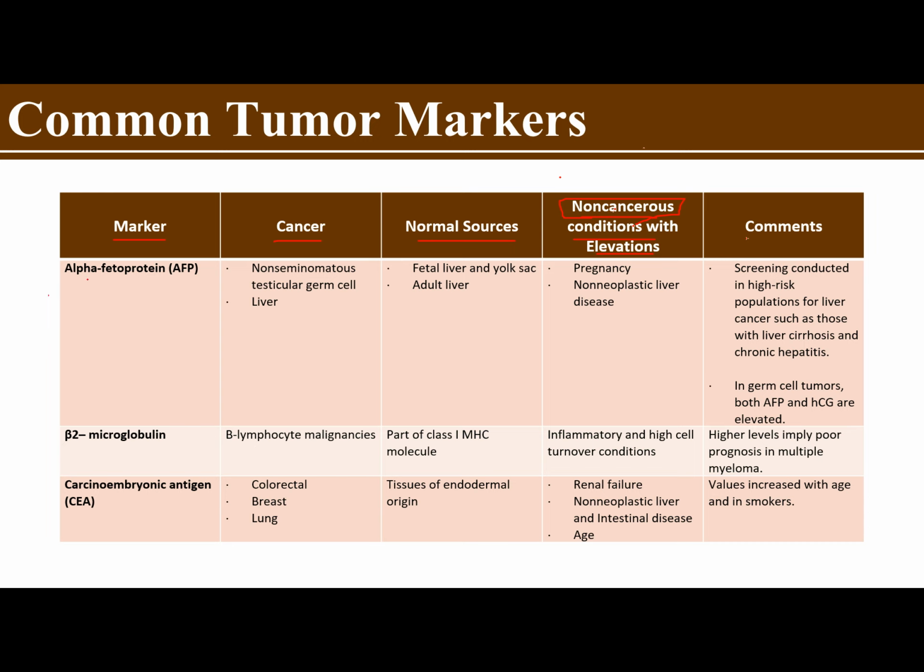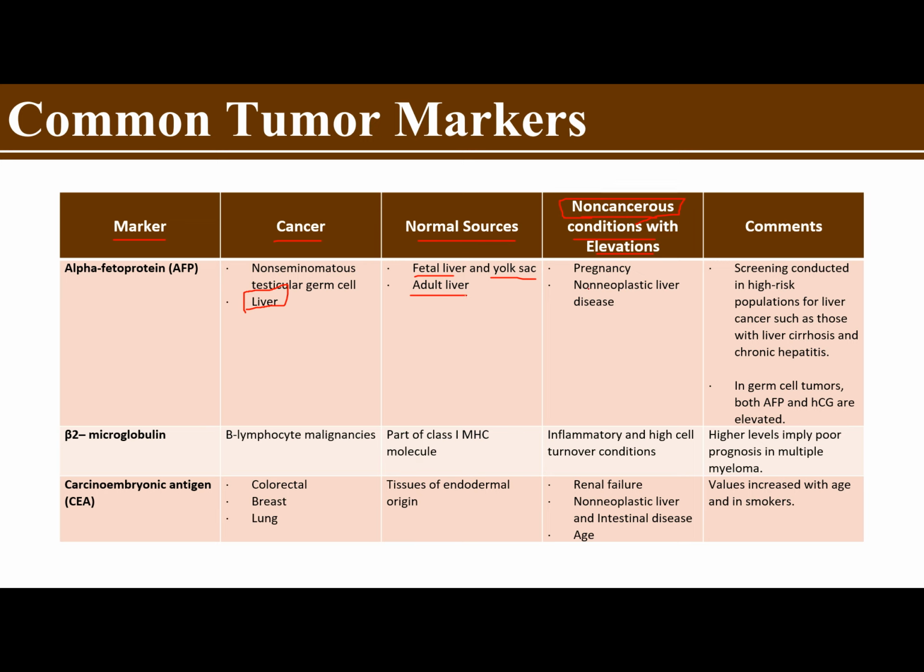So let's start with the first one, the alpha fetoprotein or your AFP. Now, AFP, class, is specific for two types of cancer, the non-seminomatous testicular germ cell cancer and liver cancer. AFP is well known for being a marker for liver cancer, class. Normally you would find alpha fetoprotein in the fetal liver and the yolk sac and also in adult liver.